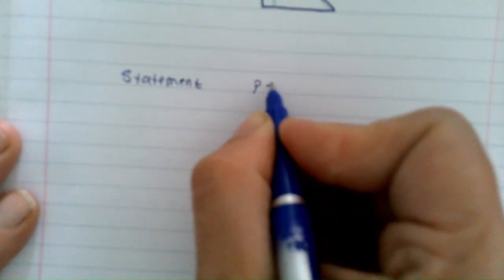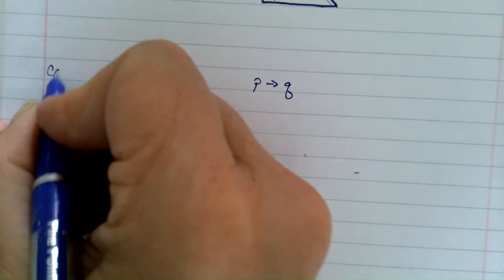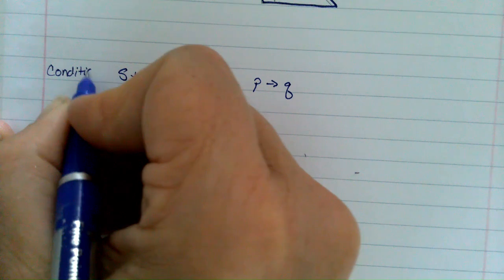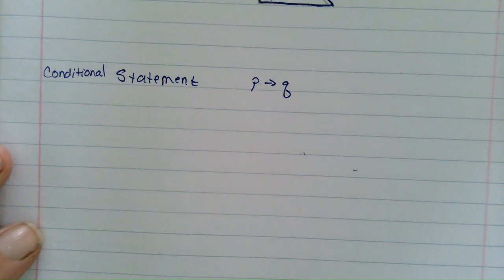Okay, so other conditionals, other statements. So we have our original statement: P, then Q. That's our conditional statement. And it's conditional because it's only going to work in certain scenarios.